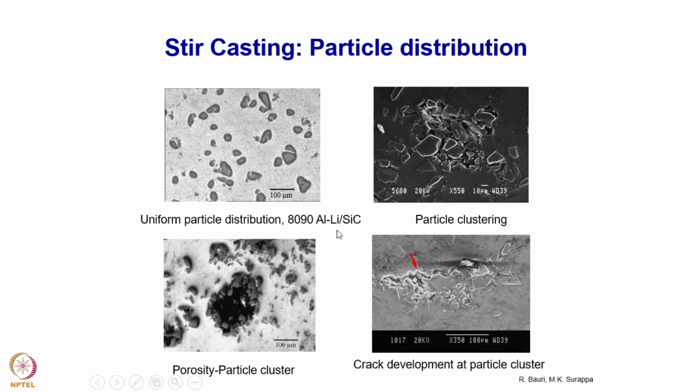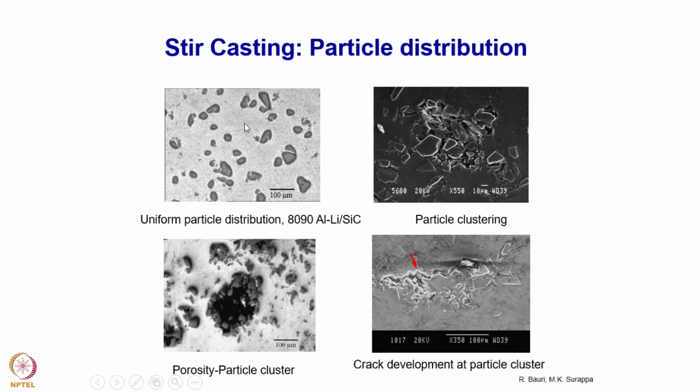Here the matrix material is an aluminium lithium alloy and the reinforcement is silicon carbide particles, as you could see from here. These are the particles, the black colored particles that you see over here. Those are the silicon carbide particles, and the rest is the aluminium matrix.